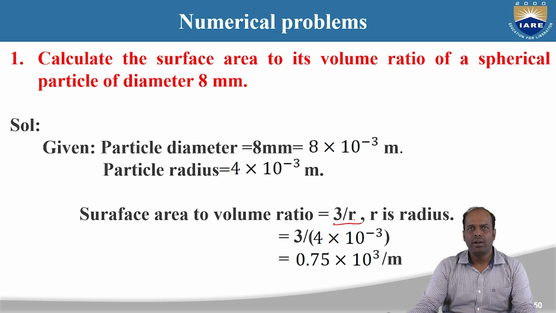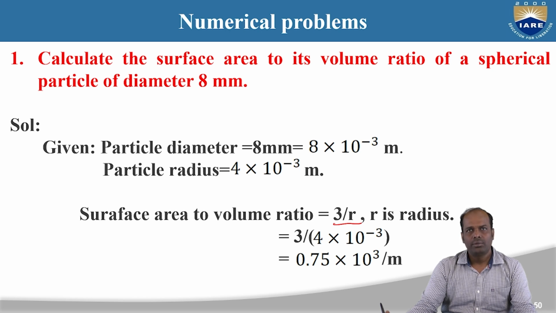So we need to find the surface area to volume ratio from the radius. What parameter do we need to find? Radius. But what have they given? Diameter. And what units have they given? Millimeter.